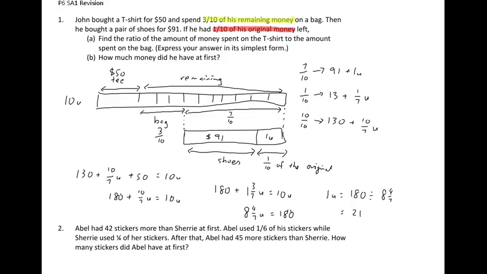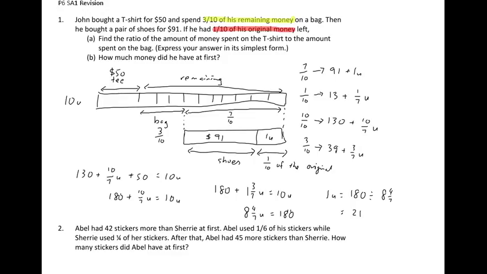So, of course, you can find out the amount he spent on the bag, because the amount he spent on the bag is 3/10, right? Correct or wrong? So we know that 3/10 is actually 39 plus 3 over 7 u, right? Correct?